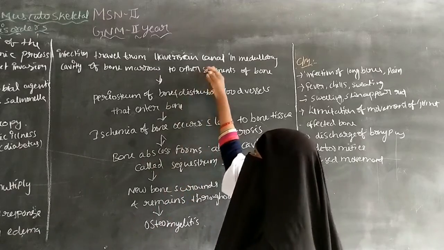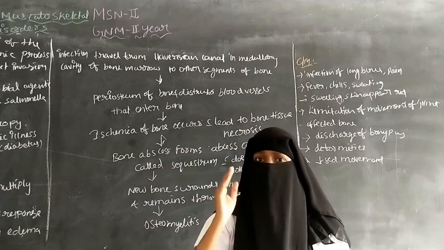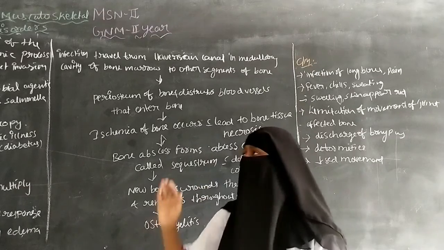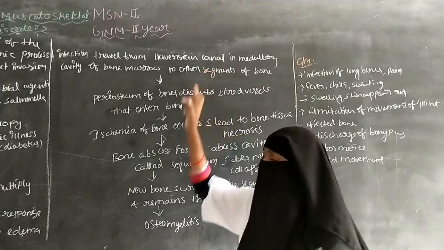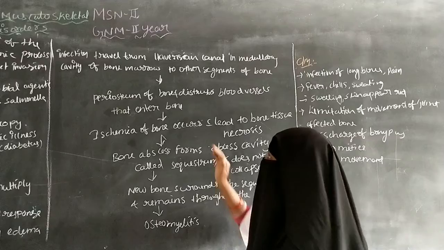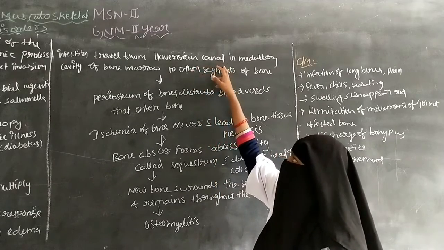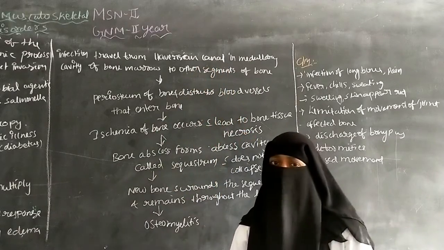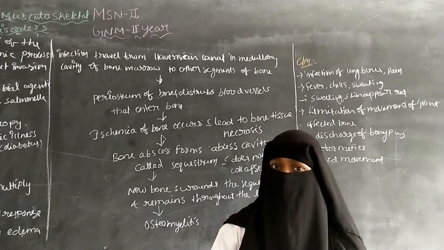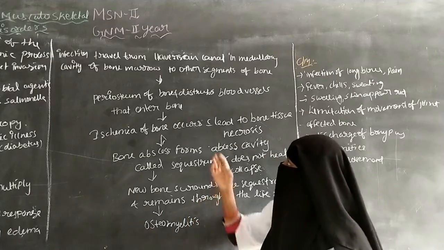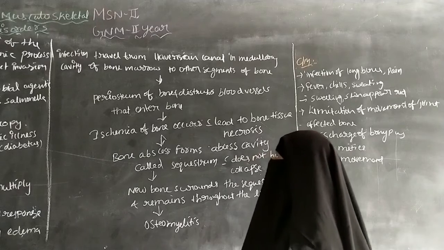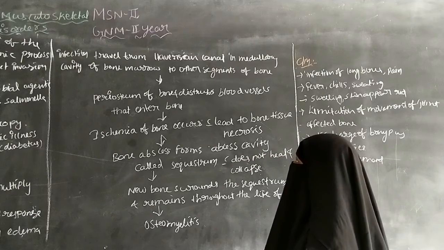Through this canal, the blood vessels and nerves are supplied to the bone. There is a passage of blood vessels and nerves through the Haversian canal into the bones, providing blood supply in the medullary cavity of the bone marrow and to other segments of bone.